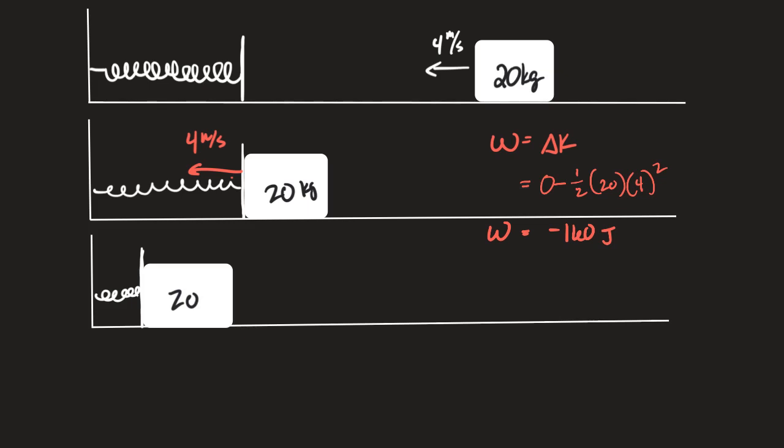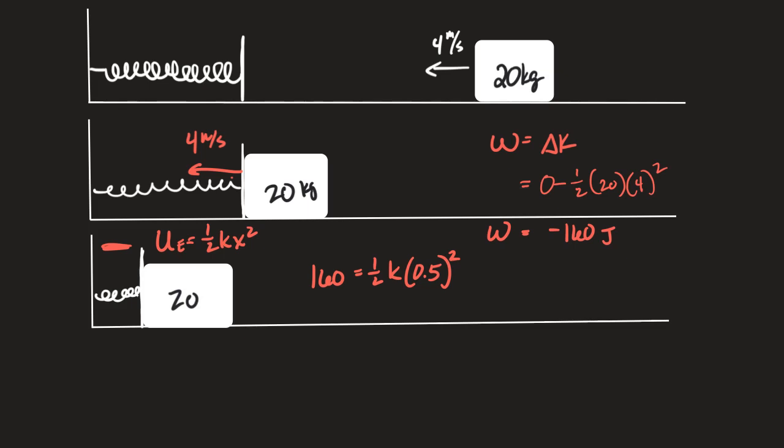But the next question is, calculate the spring constant of the spring. Well, all of that energy goes into compressing the spring here, and this is where we get the elastic energy stored in the spring. We know that the spring was compressed a total distance of 0.5 meters. So I can state pretty clearly that there's 160 joules of energy stored in the spring when it is compressed 0.5 meters.